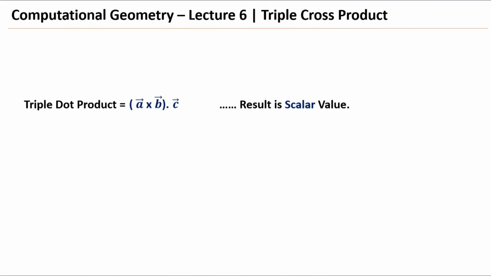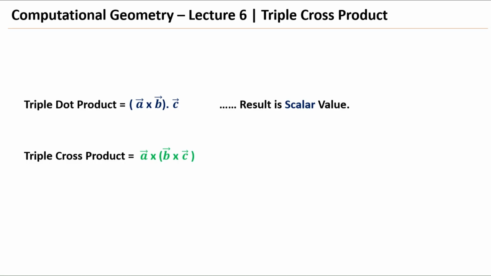In the previous lecture, we studied the triple dot product, where the result is a scalar value, and it represents the volume of a 3D parallelepiped. Now, in lecture 6, we move one step further and introduce the triple cross product.